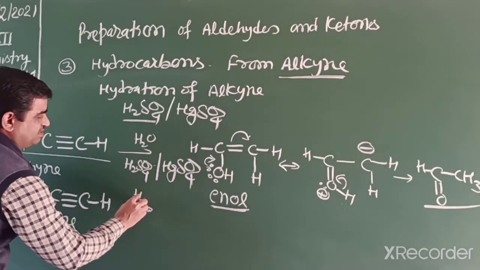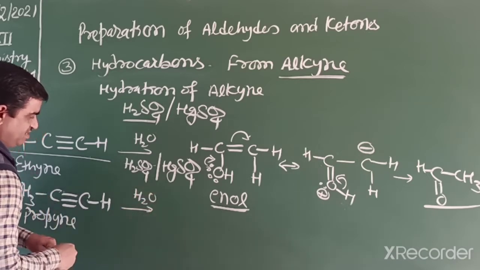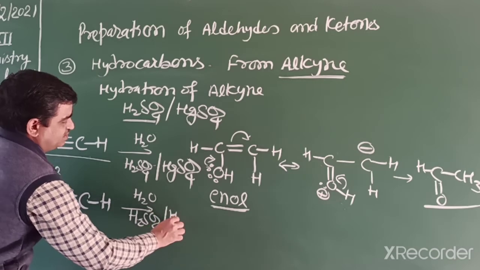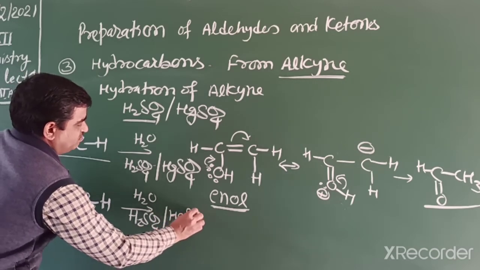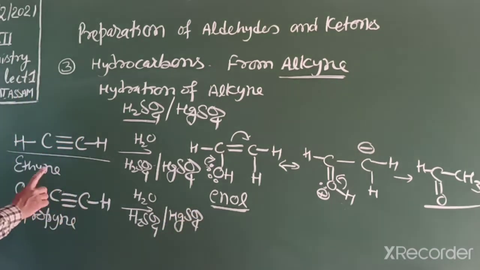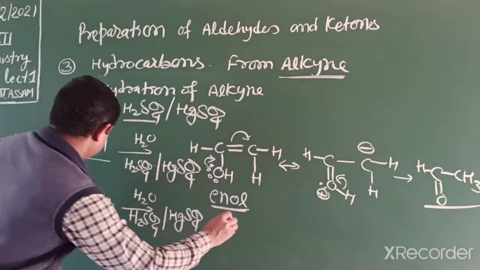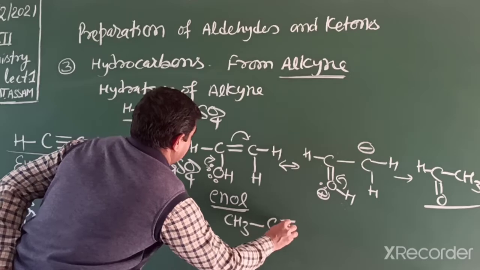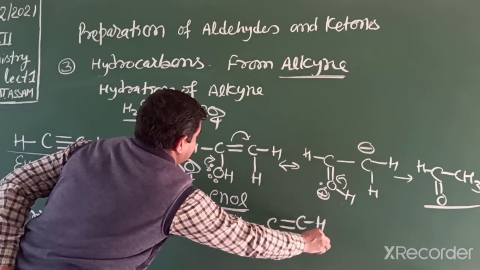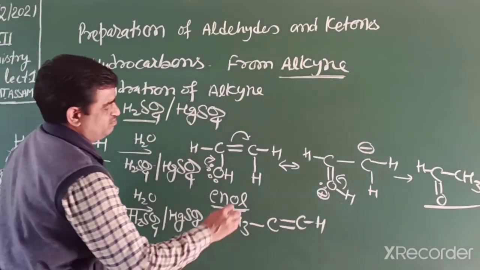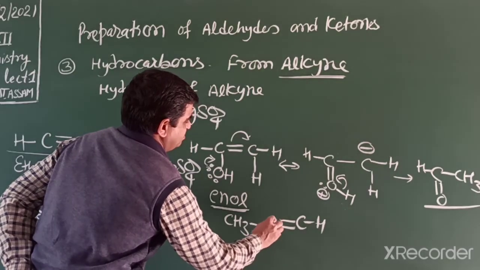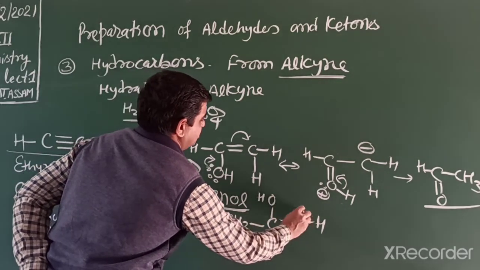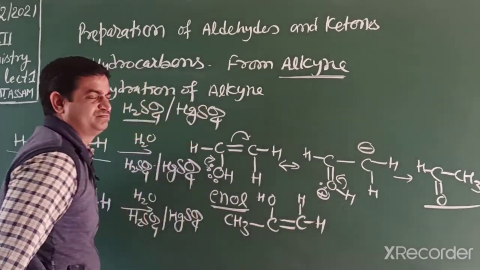In this reaction, addition of water, sulfuric acid in presence of mercuric sulfate, 1 mole addition of water. So a double bond remains. With 1 mole addition of water, how does it add? OH on one side and H on the other.